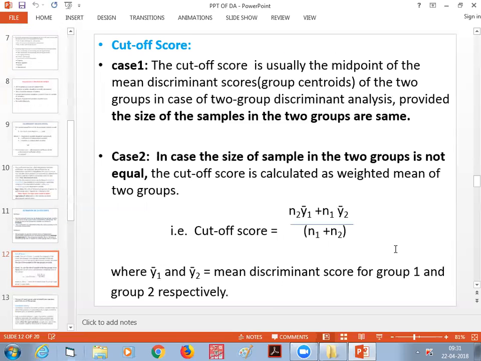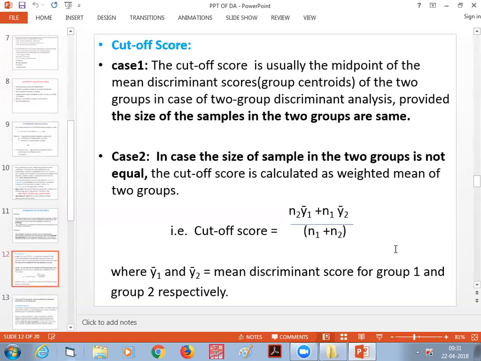Then we are going to have the cutoff score, as I said just now. Now, how to calculate the cutoff score to classify whether a person belongs to this group or that group? We have two methods. Suppose both groups initially have an equal number of observations, then the first method is simple.